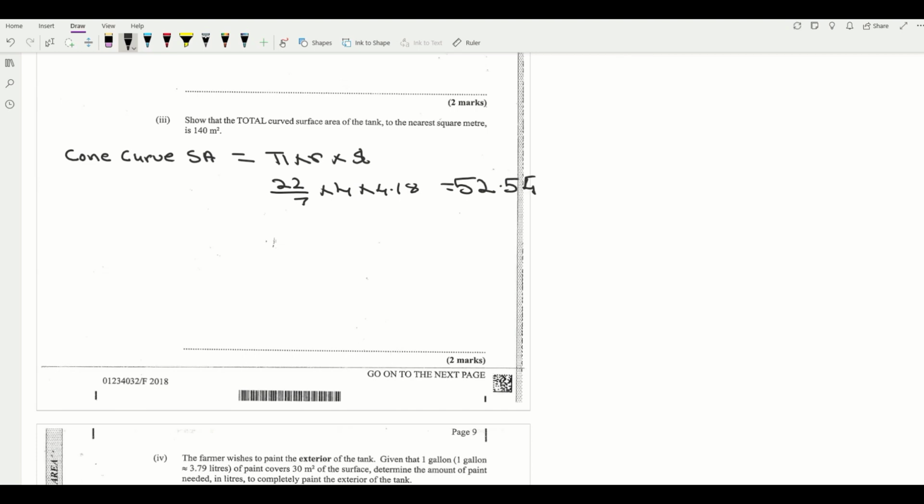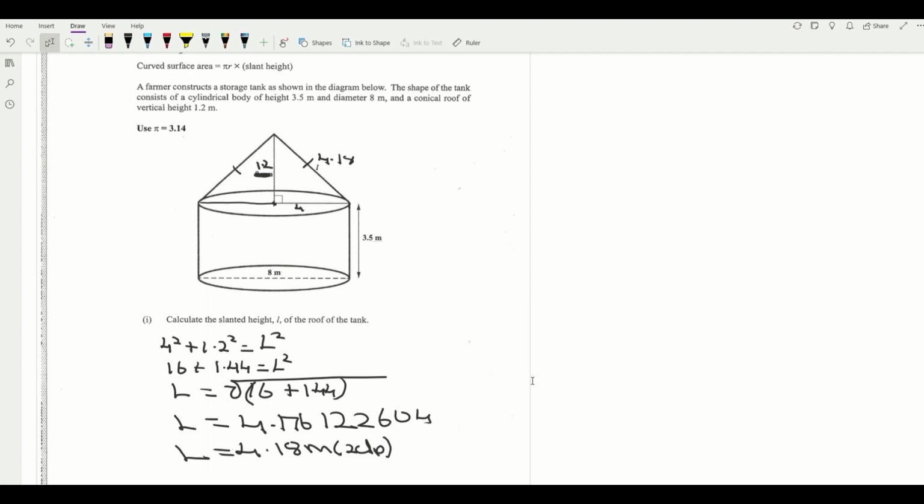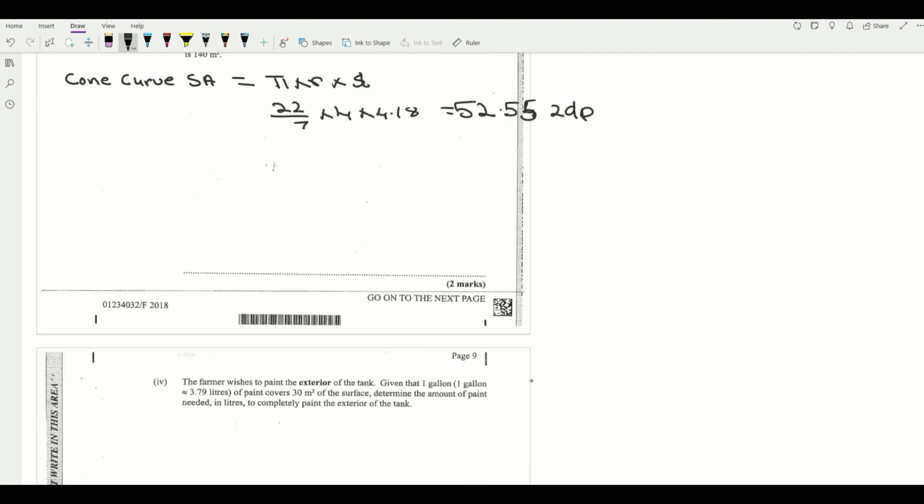55, sorry, 55 to 2 decimal places. This is meters squared, right? And then the curved surface area of your tank: what you have to recognize is a cylinder. The net for this is this here and the 2 circles, right?